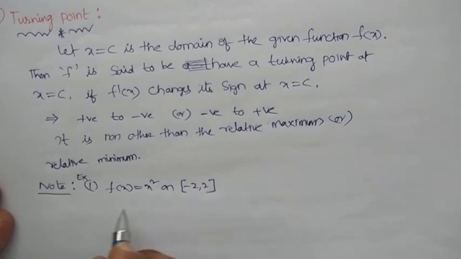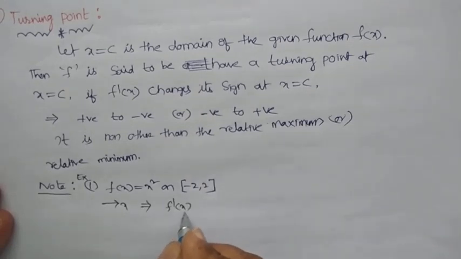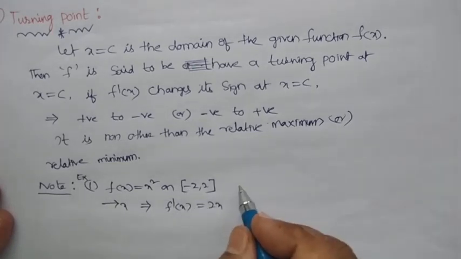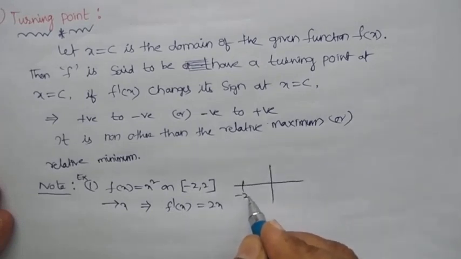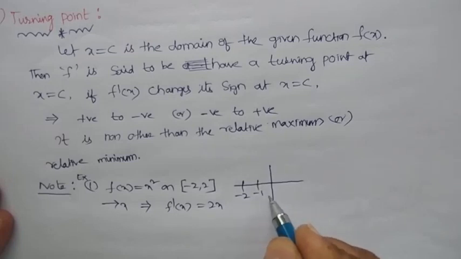Now what is our f dash of x? Differentiating with respect to x on both sides, I get f dash of x equals 2x. So if -2 is substituted, here the values go -2, -1, 0, 1, 2.